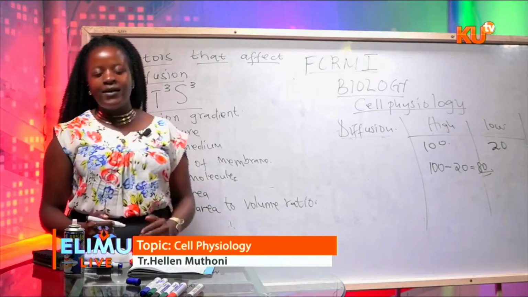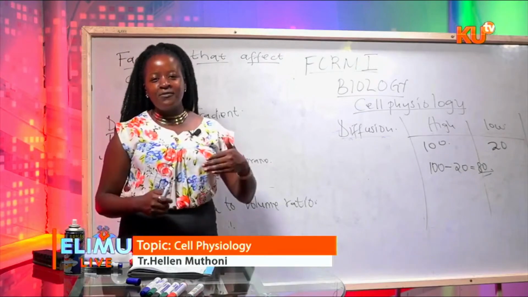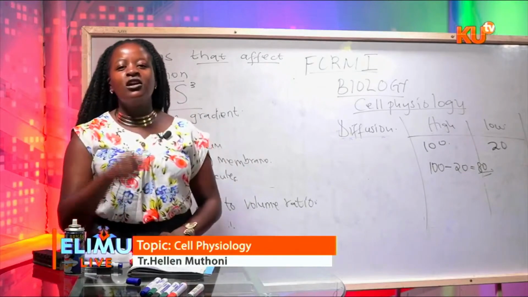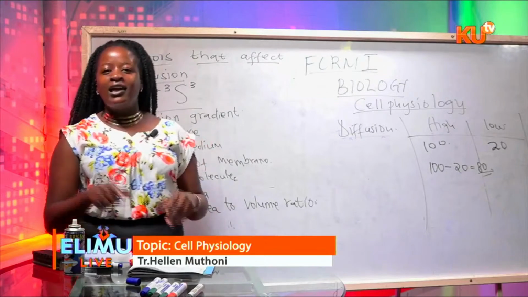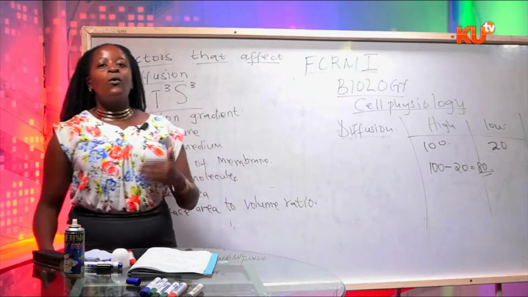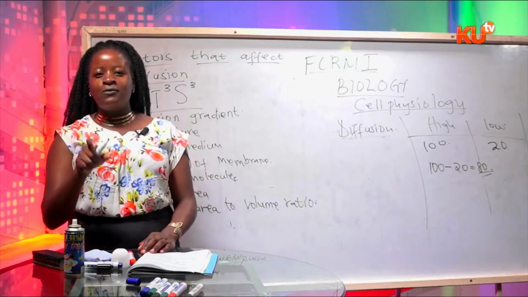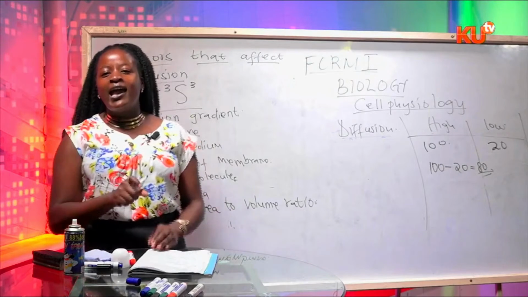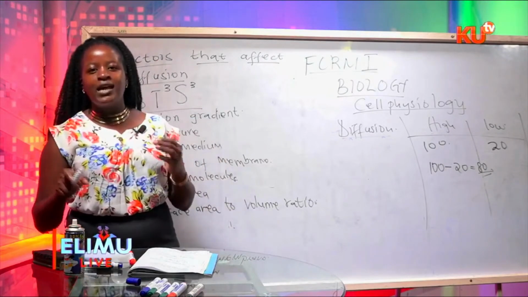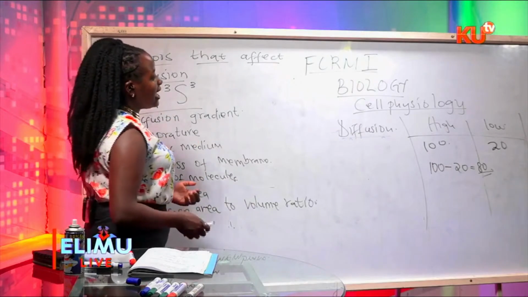As I had defined before, diffusion gradient is the difference in particles between the region of high concentration and the region of low concentration. So when the difference is high, the rate of diffusion is high. And when the difference is low, the rate of diffusion will be low. We can demonstrate that.